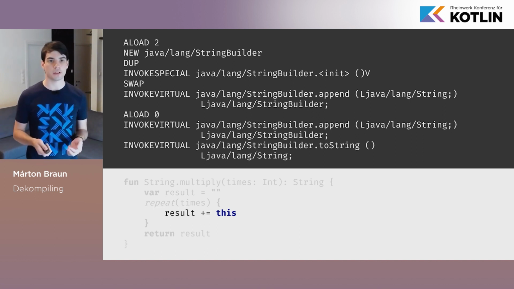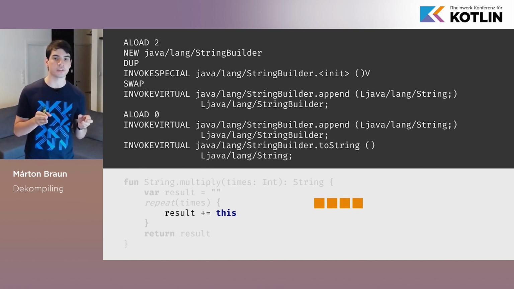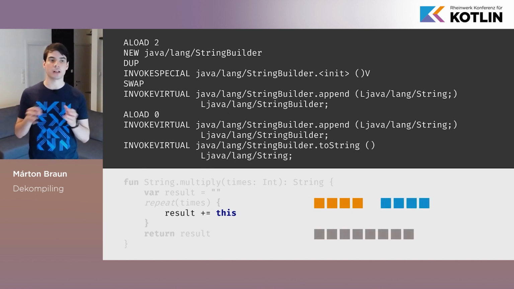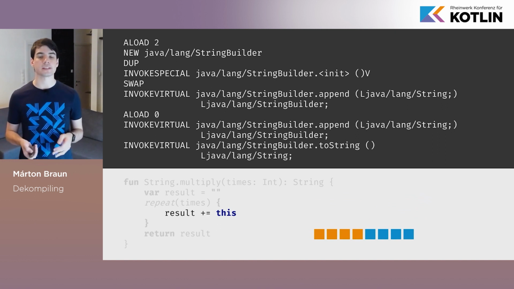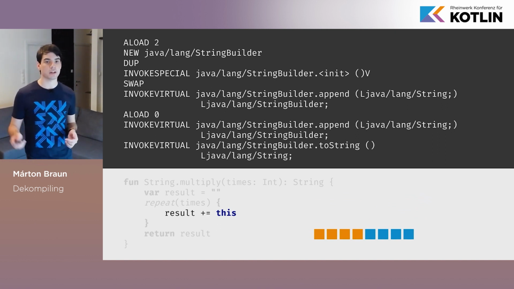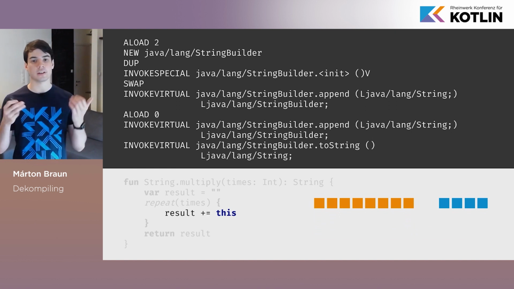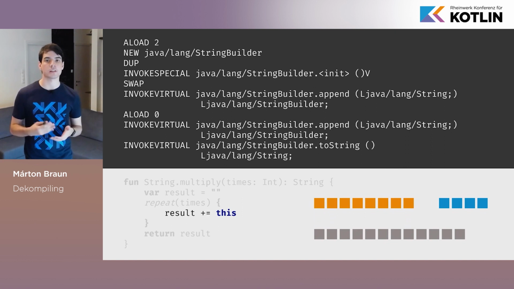Putting this visually, what's happening is that whatever string we have as our current result, we're taking the input string, we're creating a new string builder, so allocating a new array of characters in memory, and moving both of these strings into that new place in memory. And then as we go around and go to the next iteration, we're gonna again allocate a new string builder and move both of the strings inside it, and so on and so on.